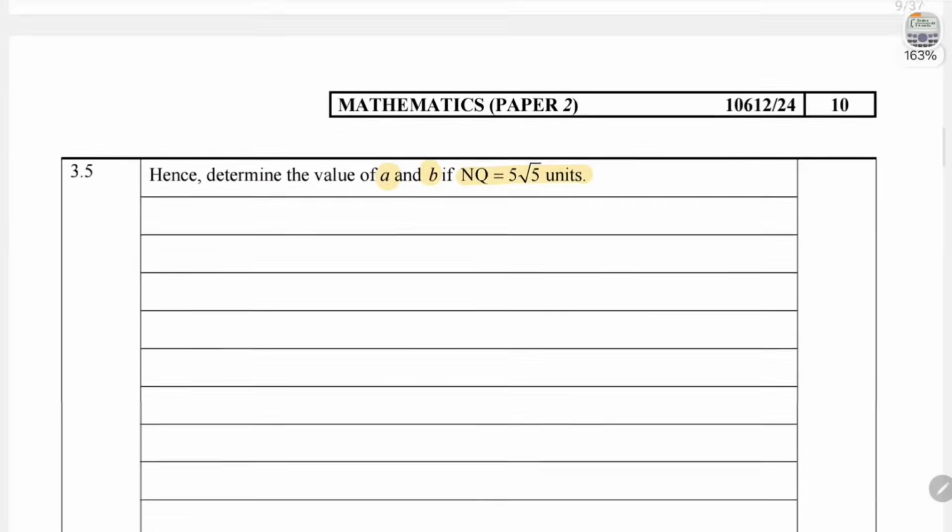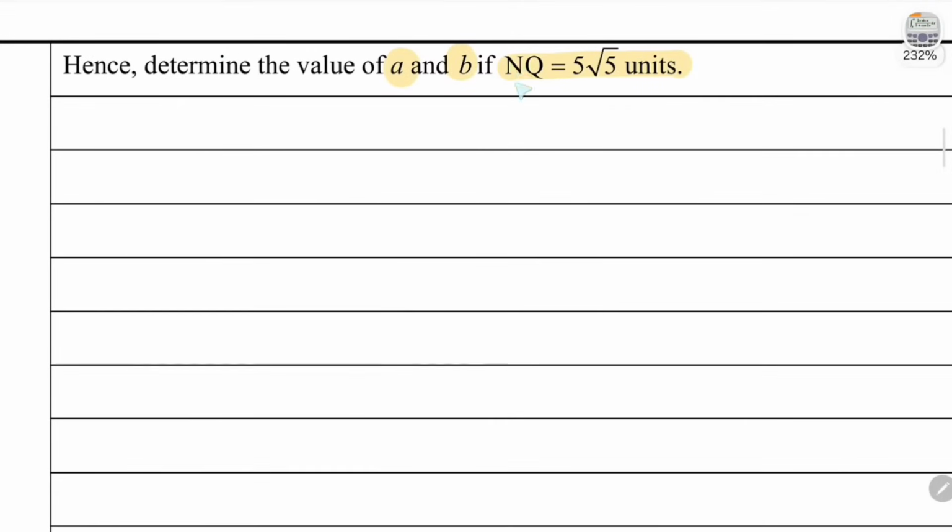If they give you the length of a line, but you don't know the 2 points on it, meaning you have 2 missing variables, it's not going to be enough to find that a and that b value. But if you express them in terms of the same variable, then your equation will only have 1 variable and you can solve for that. So that's the whole point here.